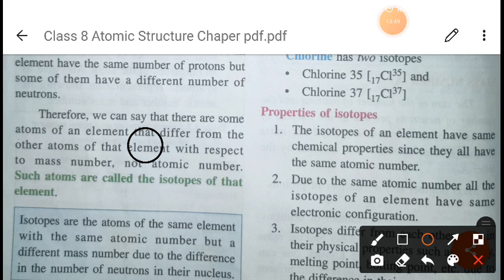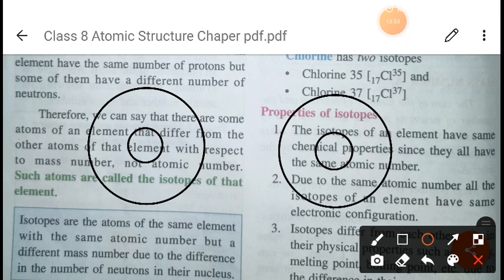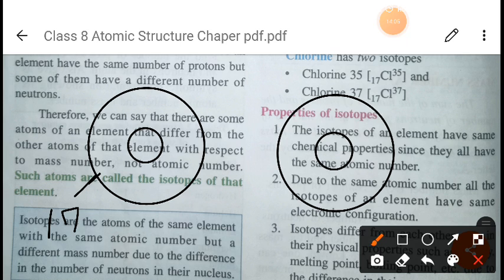I will give you one simple example through which you can easily understand. Suppose this is one atom, and this is another atom. In this atom, suppose the atomic number, or number of protons, is 17, and the number of neutrons is also 17.